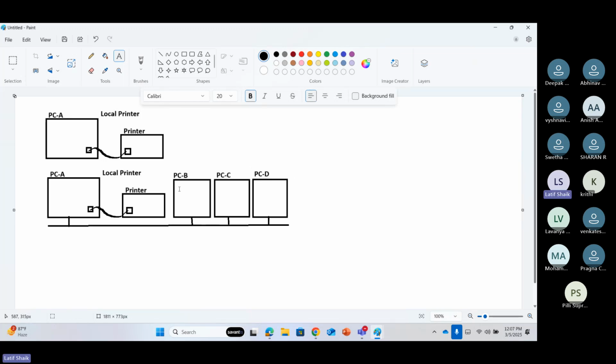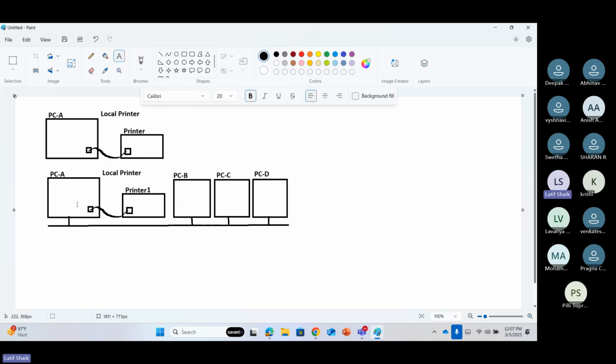The document is at PCB only, not in PCA, so I can't copy it and go to PCA. So how can I take a printout?